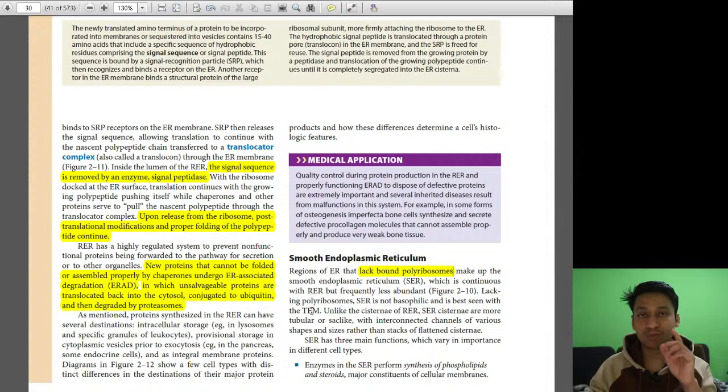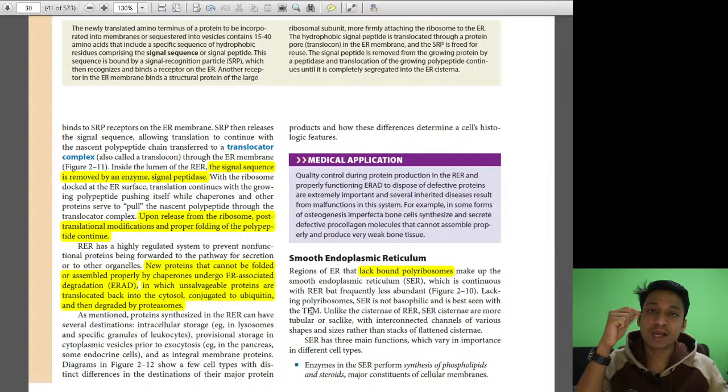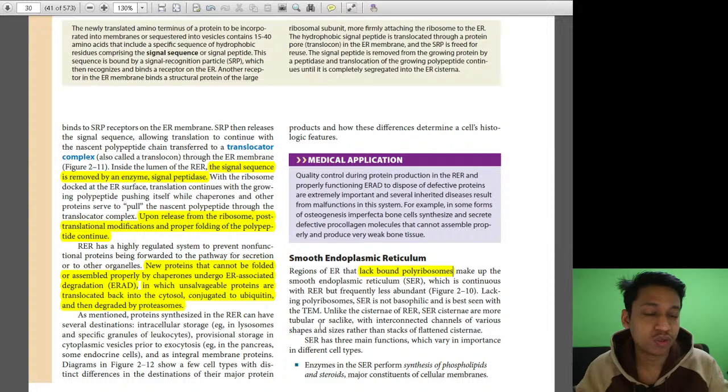Yes, so here is an important part. We need the transmission electron microscope to see the smooth ER, because we could see rough endoplasmic reticulum since the ribosomes on it stain basophilic, but we don't have polyribosomes, so smooth endoplasmic reticulum cannot be stained, unlike the cisternae of rough endoplasmic reticulum.